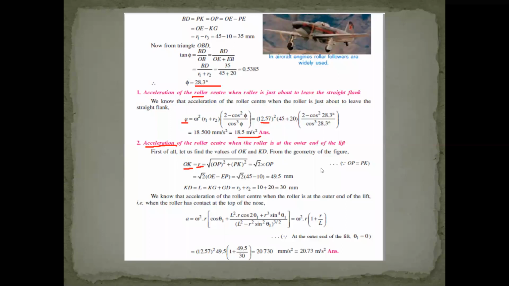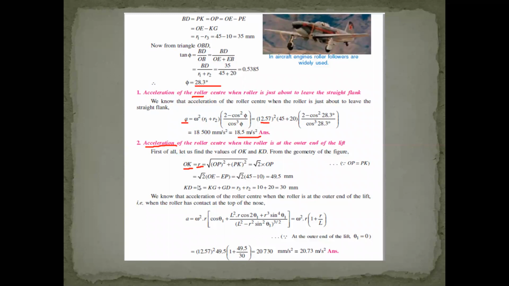In this, OP equals PK. So both are equal, and we simply take 2 into OP squared, which means root 2 OP.